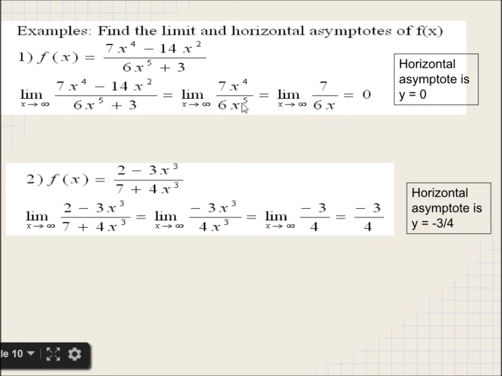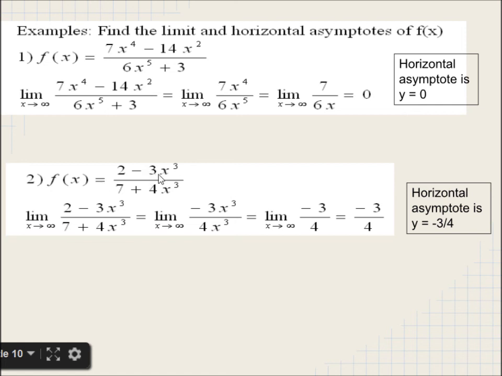Then we see that the denominator has higher power, so we cancel the rest of the x. Then it finally becomes 7 by 6x. So putting infinity in the denominator, obviously anything divided by infinity is 0. So y is equal to 0 is the horizontal asymptote for this particular function.